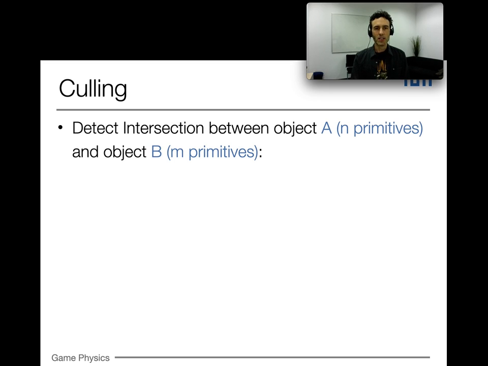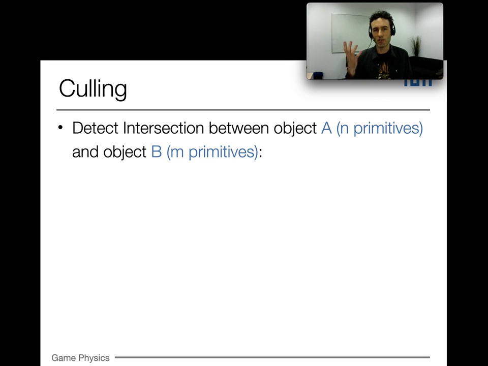All right, so let's look at that again. We have different objects or primitives. We can always distinguish the granularity, so the scale at which we want to detect intersections. And here in this example now, let's consider an object A that is made out of n primitives.